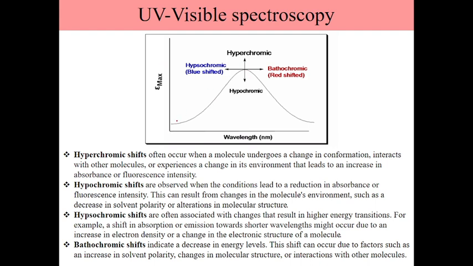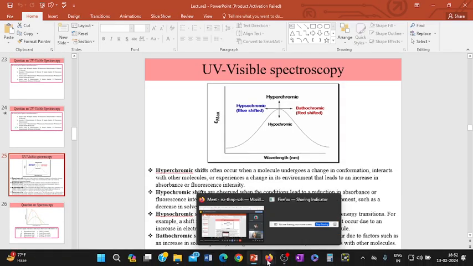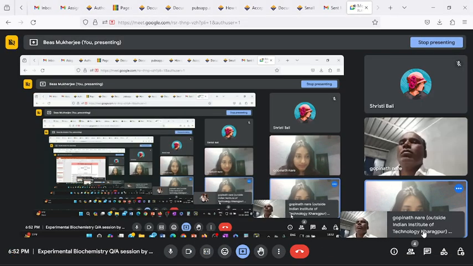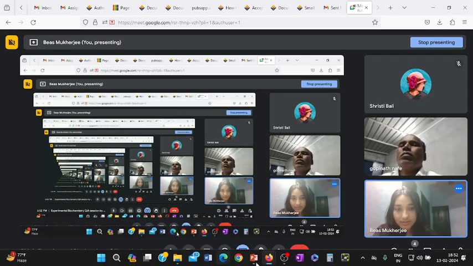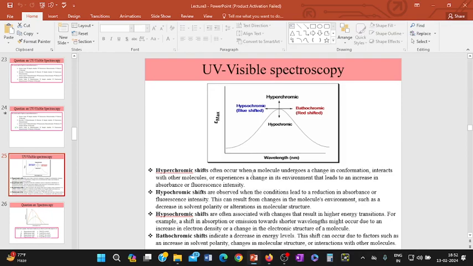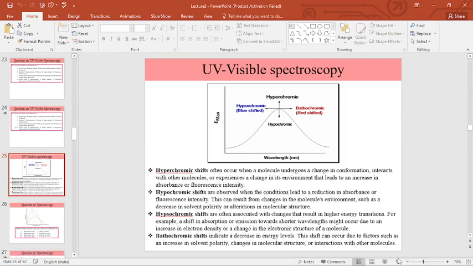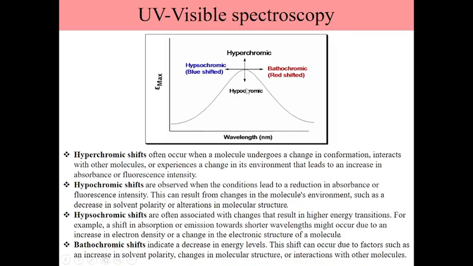Then what happens is there is a shift in the peak. The size of the peak can increase, that is called hyperchromic. The size of the peak can decrease, that is called hypochromic.